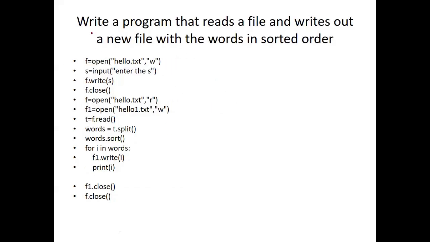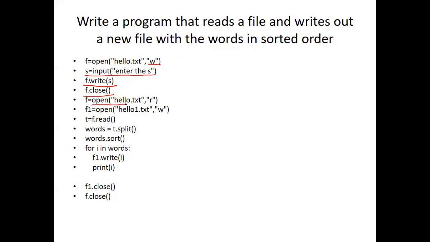Now we are going to see a program that reads a file and writes out a new file with the words in sorted order. Initially you're opening a file hello.txt in write mode. Then you're asking the user to enter some words. Then you're writing it into this file and closing it. Okay.